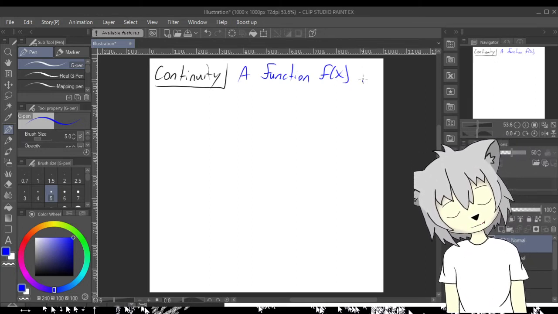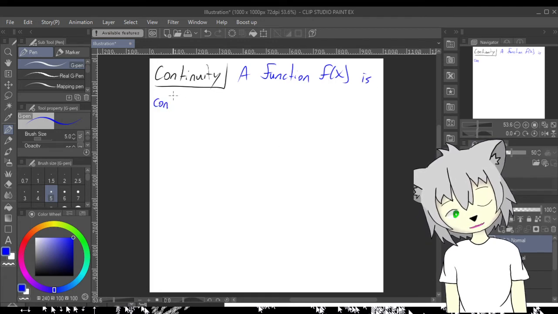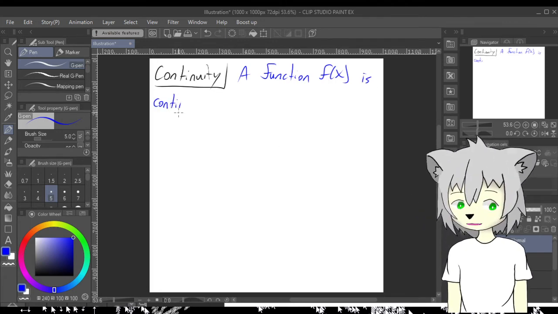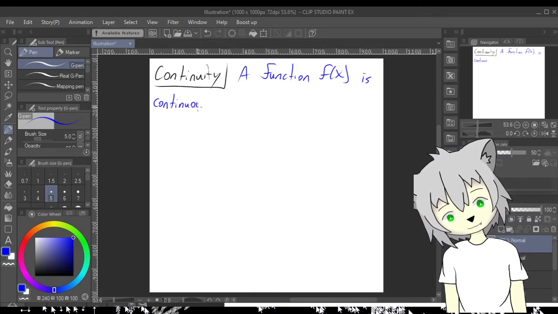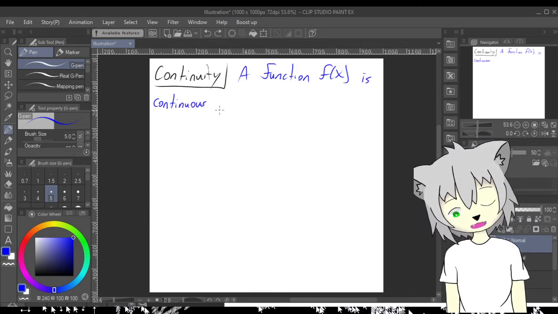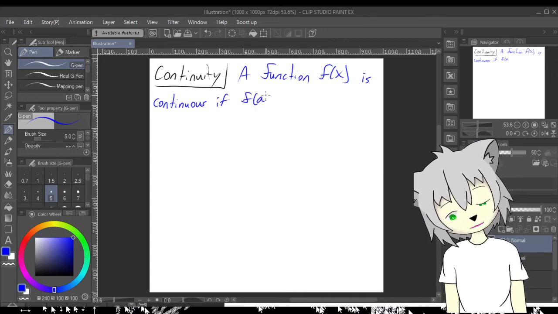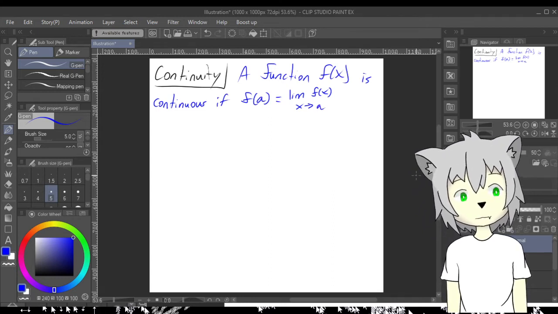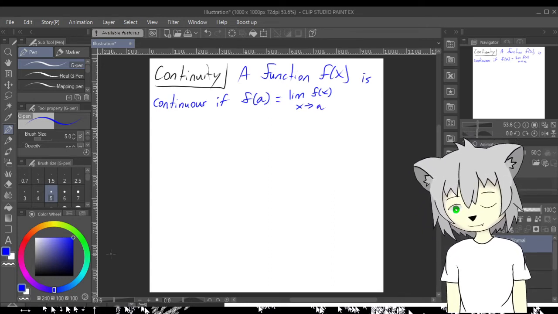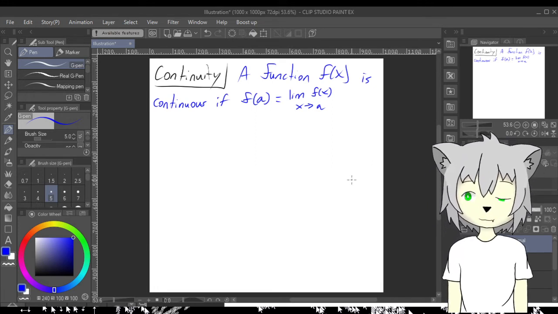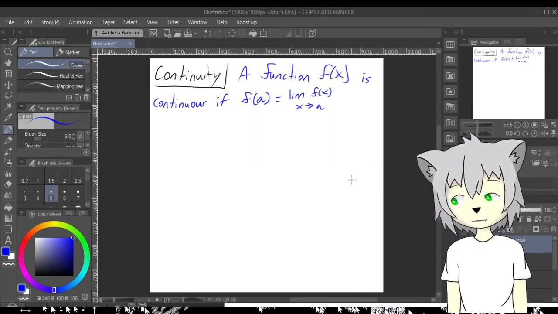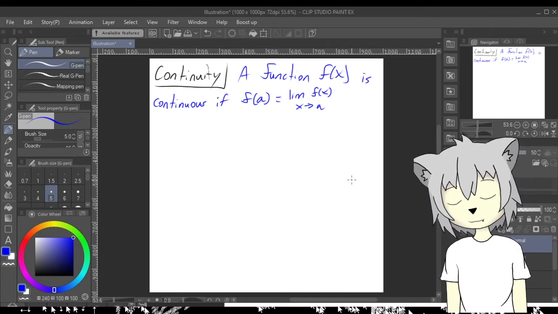A function f of x is continuous if f of a is equal to the limit of f of x as x approaches a, where a is any value on a function. It doesn't really matter. It could be -1, -2, 3, 4, -5, 6.